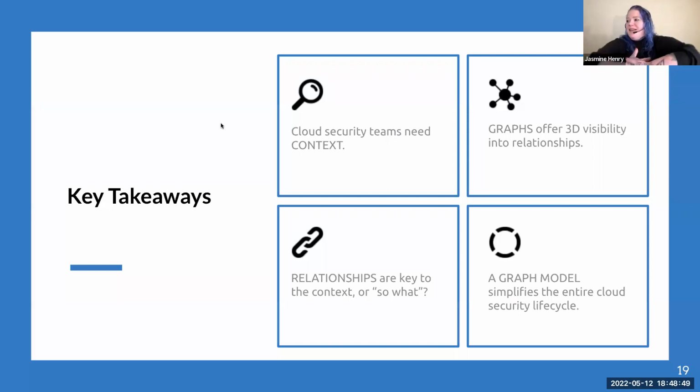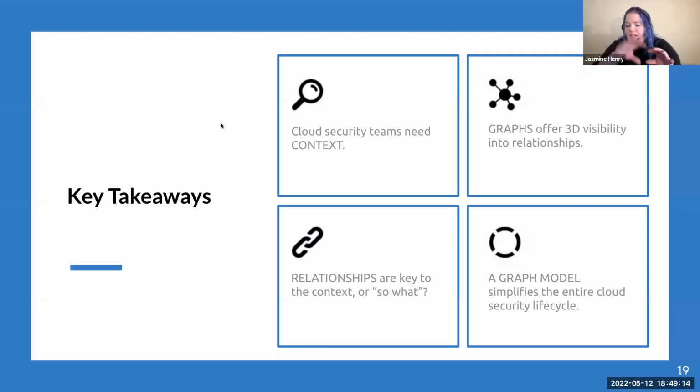Just in conclusion, I think I've got two more slides, then we can chat. Cloud security teams need context. Graphs are 3D. There's a great quote from John Lambert, a Microsoft distinguished engineer, that defenders think in lists and attackers think in graphs. Who's going to win? I think attackers already automate asset discovery.